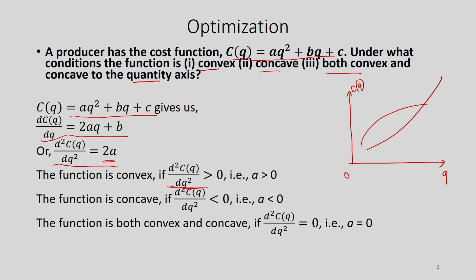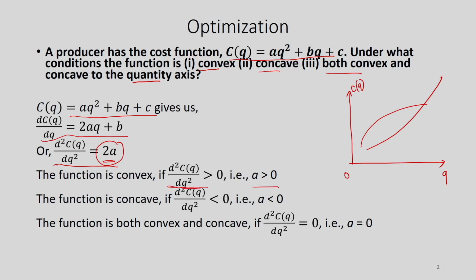When will this second derivative be greater than 0? It will be greater than 0 if 2a is greater than 0, and 2a is greater than 0 if a is greater than 0. So, this is the required condition. The function is convex if small a is positive.